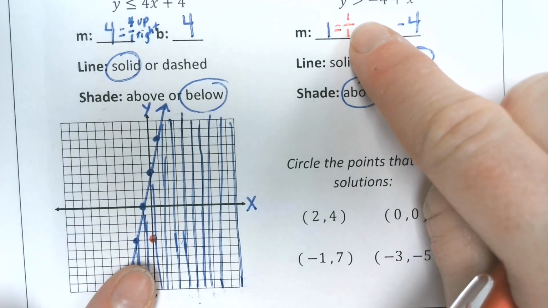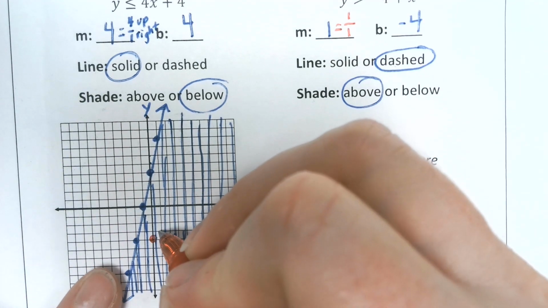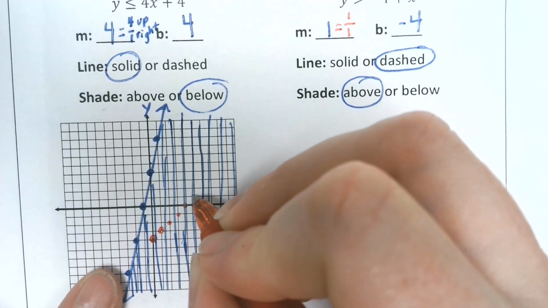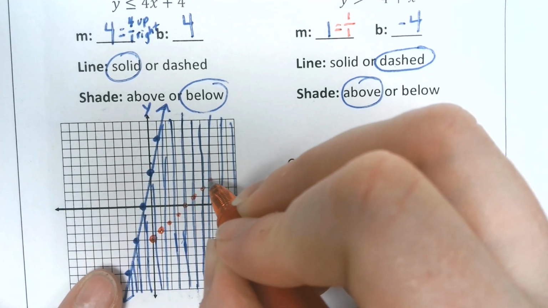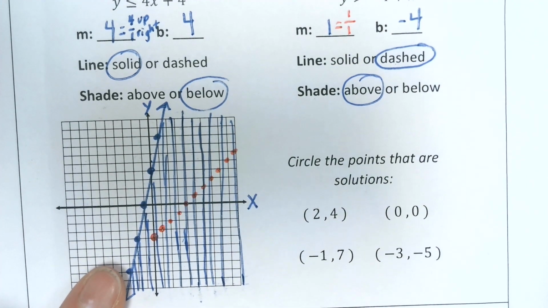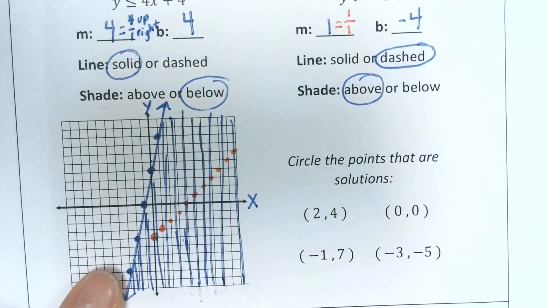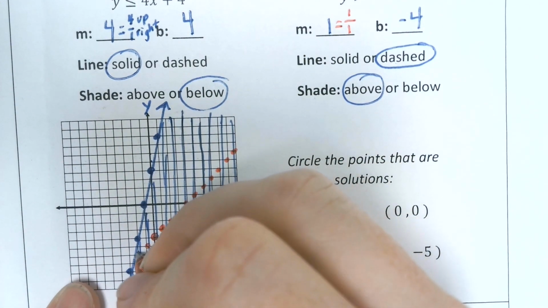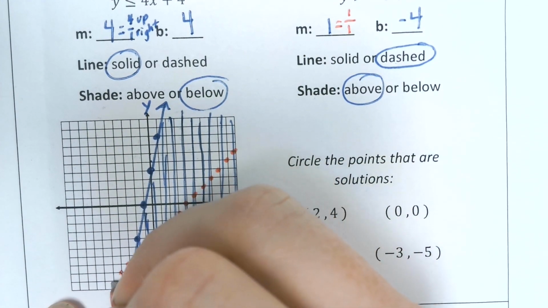So up 1, right 1. So go ahead and do that. Graph all your pretty points. Up 1, right 1. Now do down 1, left 1.